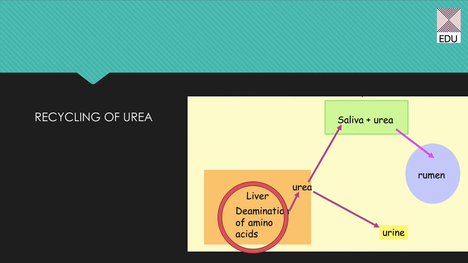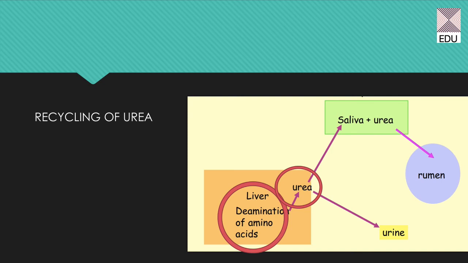Now the liver of the host, the liver of the ruminant, deaminates those bacterial amino acids, and the deamination reaction produces urea.